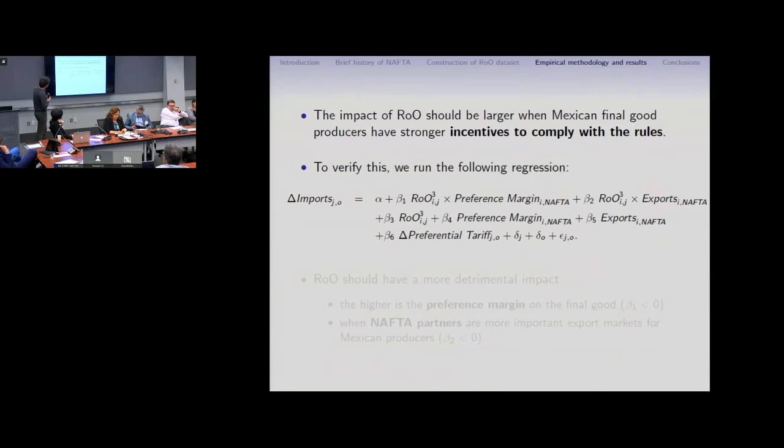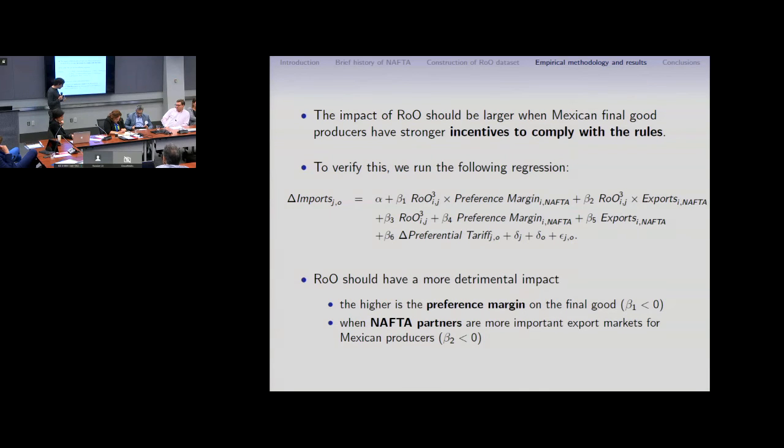So here, coming back to the previous question, we're going to have some interaction terms in which we control for the fact that the effect of rules of origin can be stronger for goods with a high preference margin, and also can be stronger for goods that are heavily exported from Mexico to the US or to Canada.